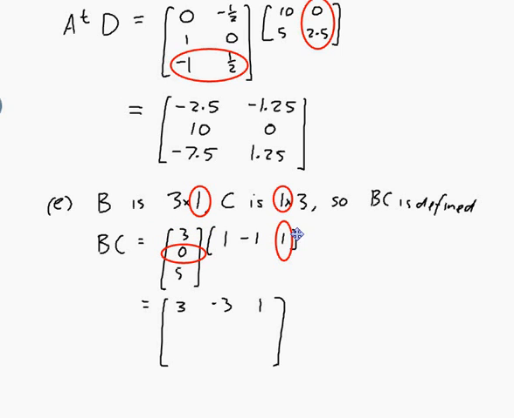And then I move on to the next row of B and back to the first column of C. So 0 times 1 is 0. 0 times minus 1 is 0. 0 times 1 is 0. And then I move on to the next row of B and back to the first column of C. So 5 times 1 is 5. 5 times minus 1 is minus 5. And 5 times 1 is 5. And that's my answer.